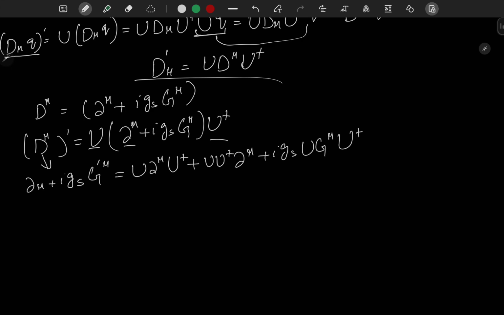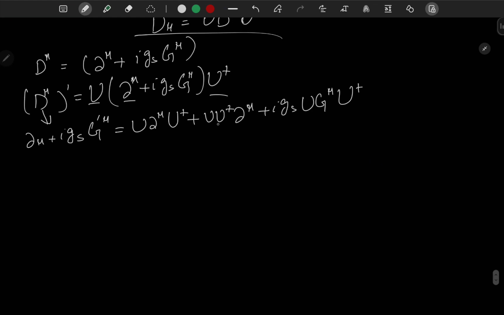Okay, about this term will be equal to 0, and so this term is unity. U U dagger is equal to unity, and eventually we will have d mu plus iota g_s G prime of mu.